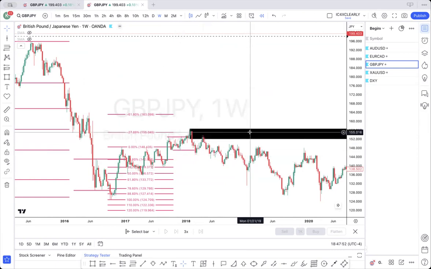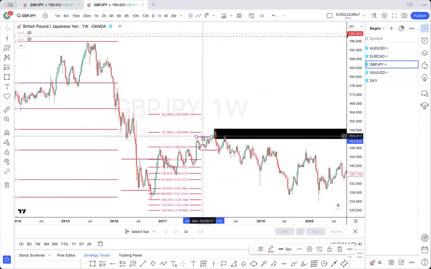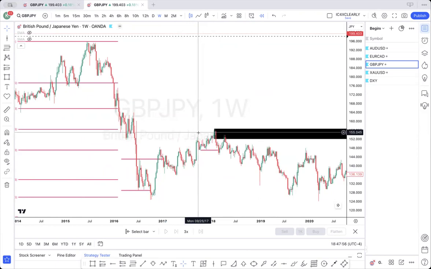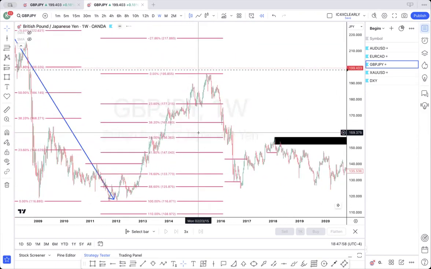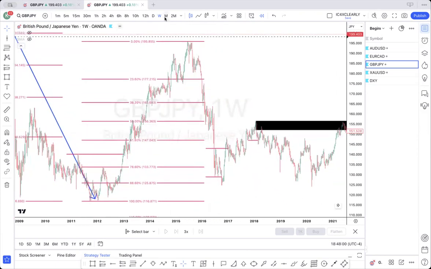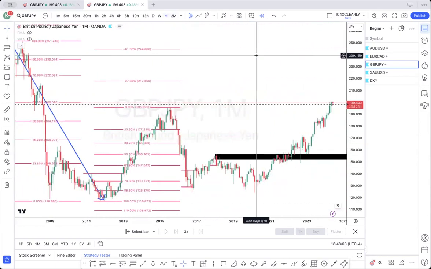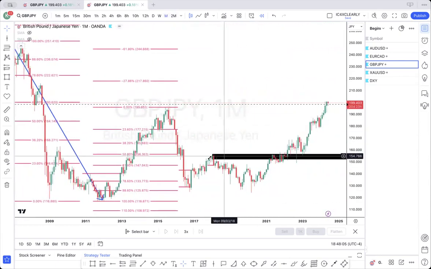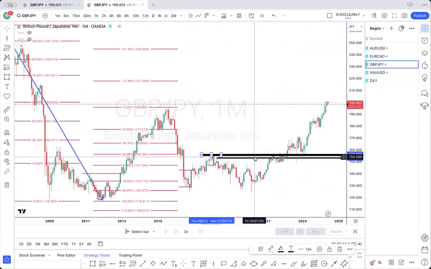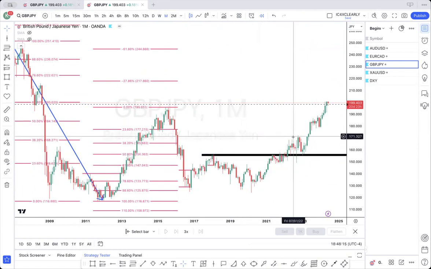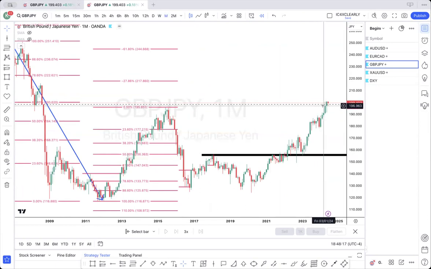So with that being said, where was I? On the monthly. So once price broke this zone, price broke out, pulled back to the zone, and then kept buying.